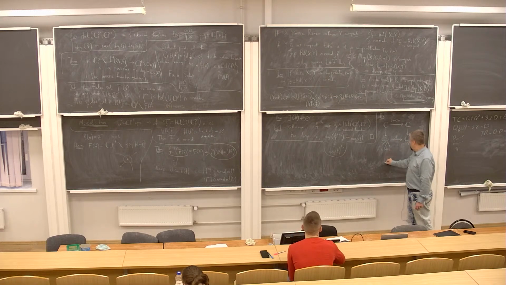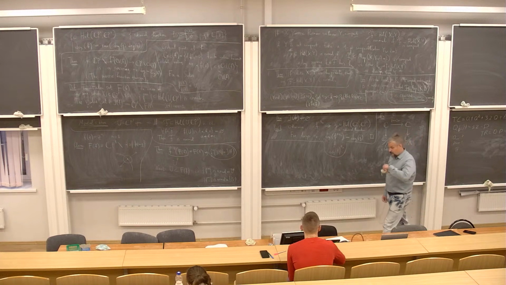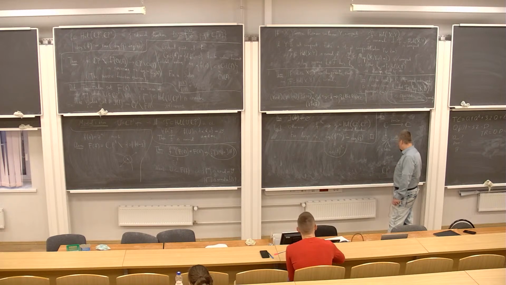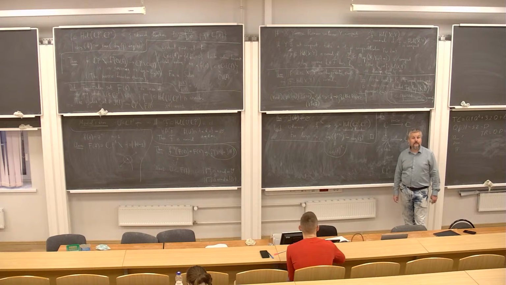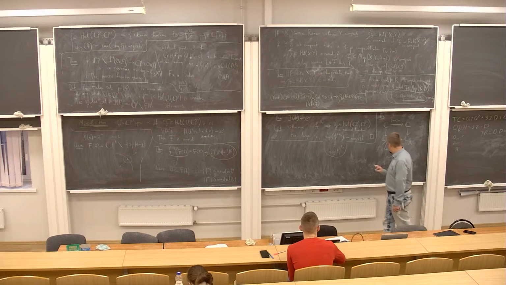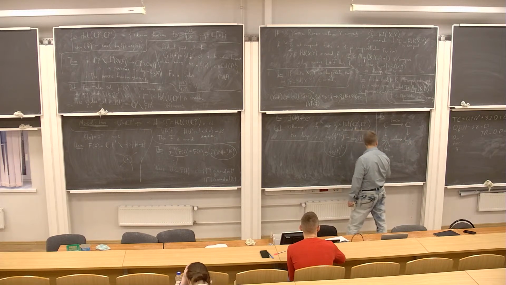Now let me take a further quotient, identifying z with minus z. What would be this quotient? I claim that this quotient will be just the Riemann sphere. We need to define a complex structure.